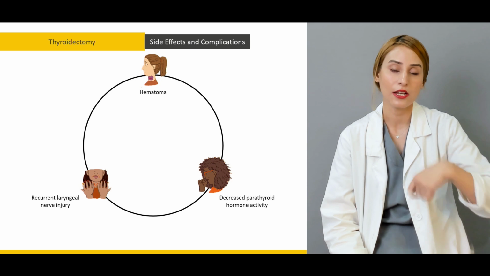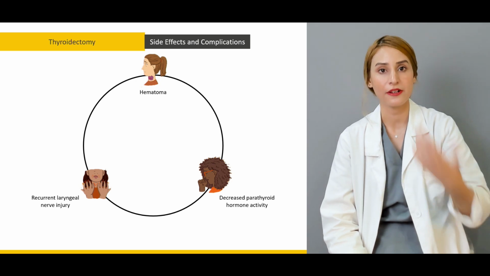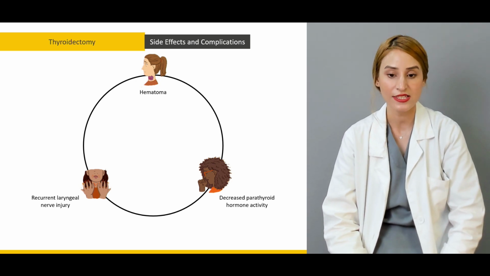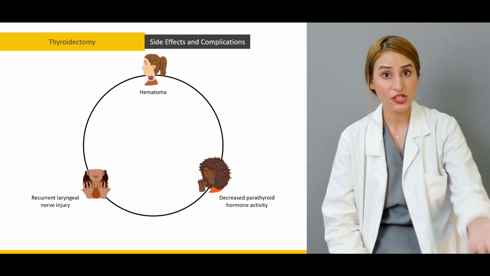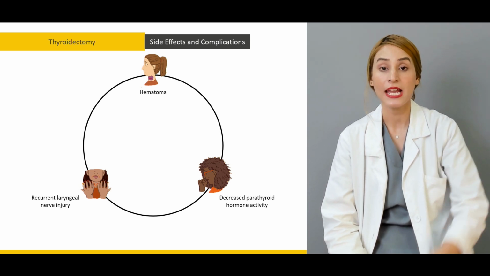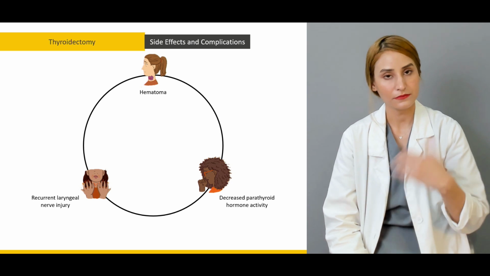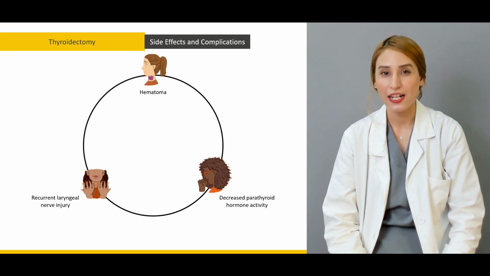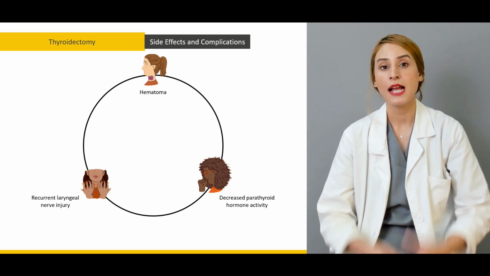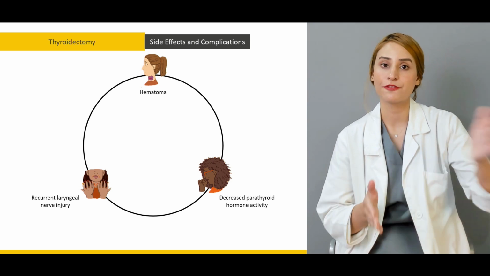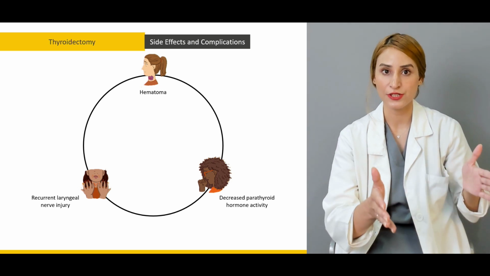Obviously, when the whole thyroid gland is taken out, the parathyroids are also removed, and there's a deficiency. So especially in case of total thyroidectomy, you have to put the patient on lifelong calcium supplements. But there is a management you perform for 24 to 48 hours.